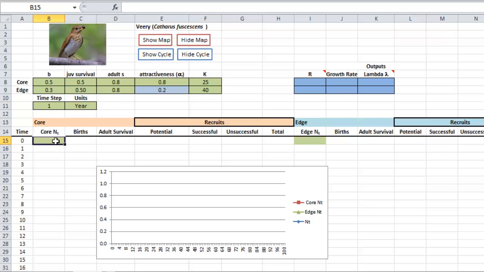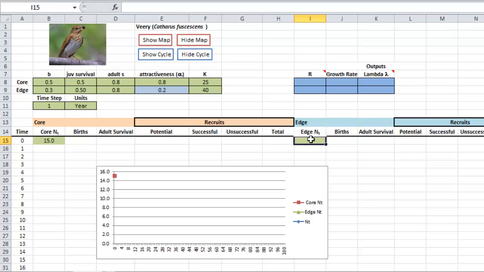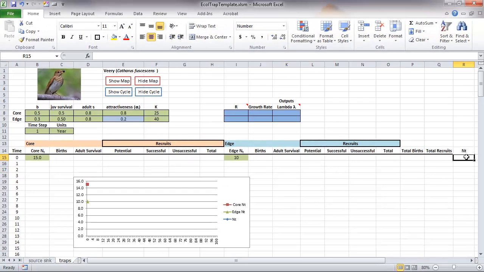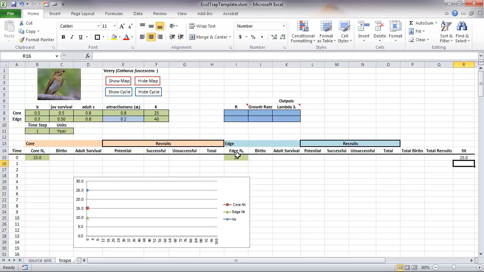Let's begin by assuming that there are 15 females in the core habitat and 10 in the edge habitat. Down column R, that gives us our total. We've got 15 plus 10 birds, cell B15 plus cell I15, and that tells us that our population right now consists of 25 females.